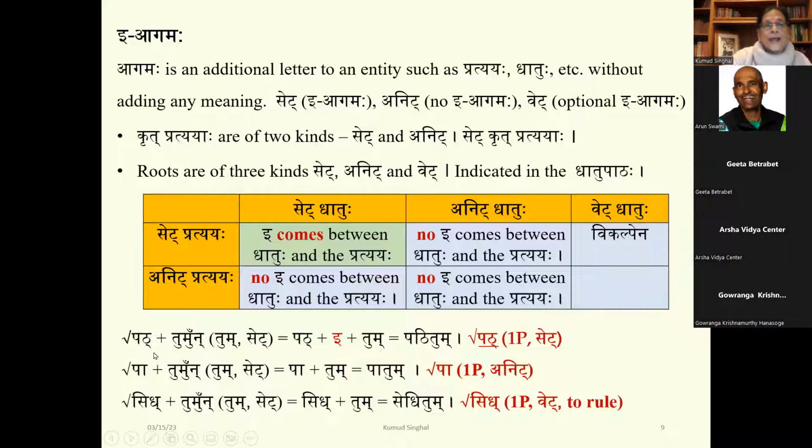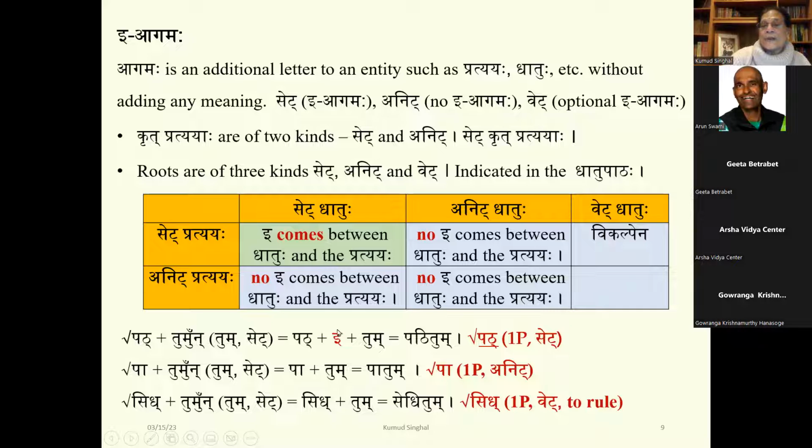So now let's look at pat, the dhatu pat. And you want to add a krit suffix tumun, which after removing the it letters becomes tum. And tumun is a set pratyaya. The pat dhatu is 1p and is also set. So both the suffix and the dhatu are set.